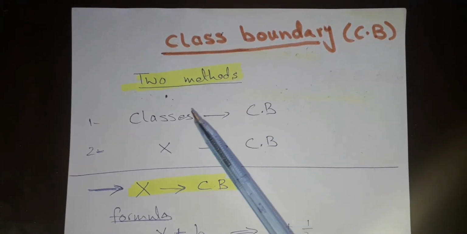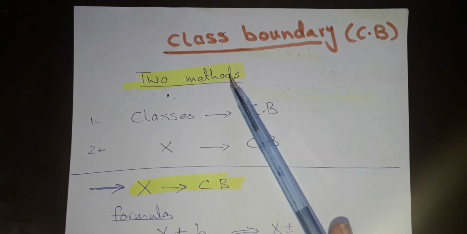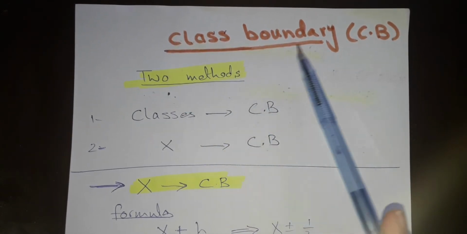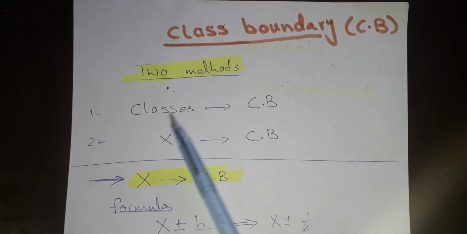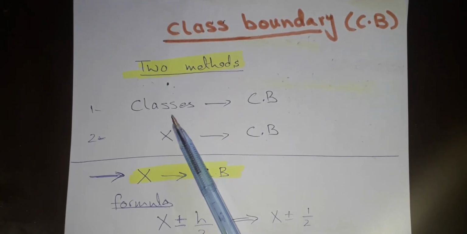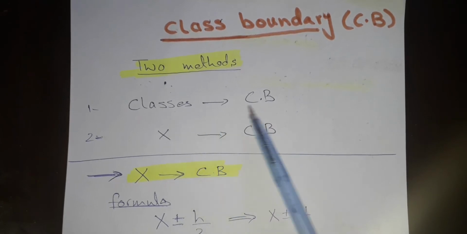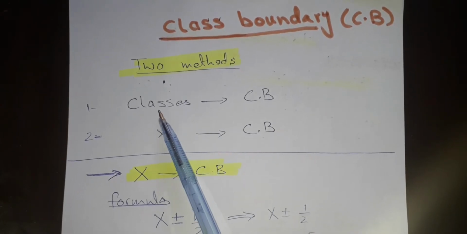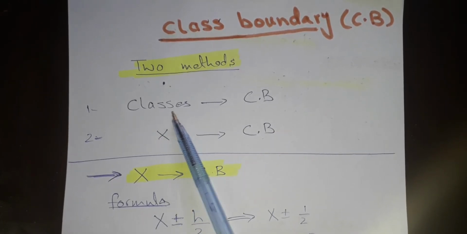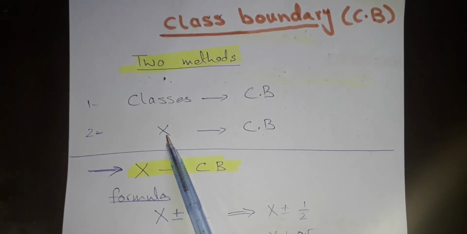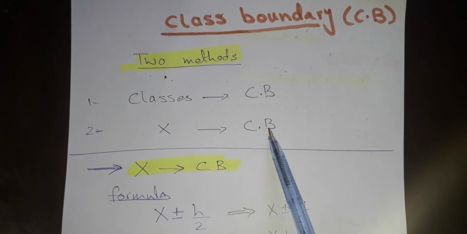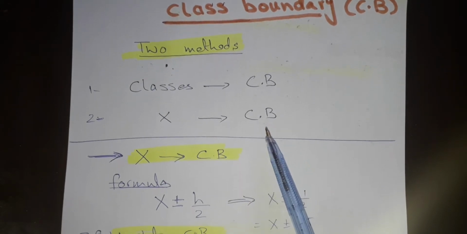We have to calculate the class boundary column by two methods. First method: we make class boundaries from classes, from the column of classes we go to class boundary. Second method: we are given the x column and we have to move to the class boundary column.